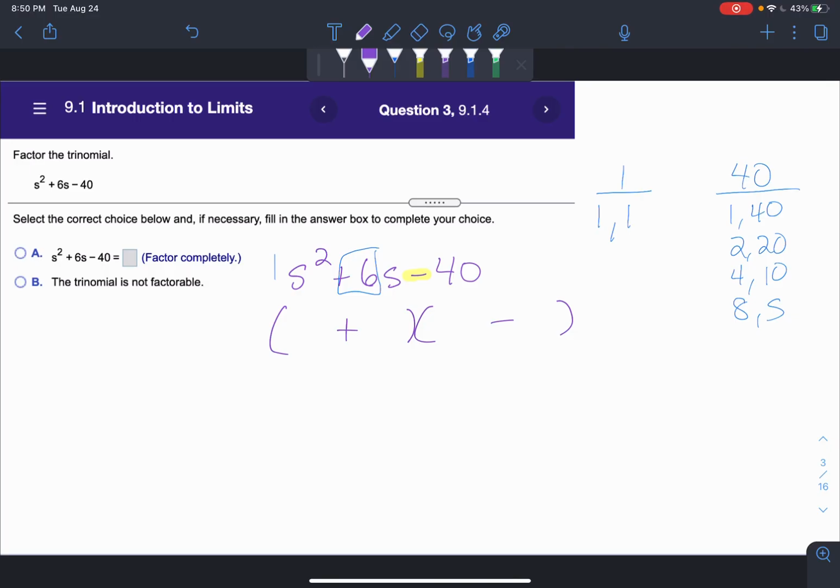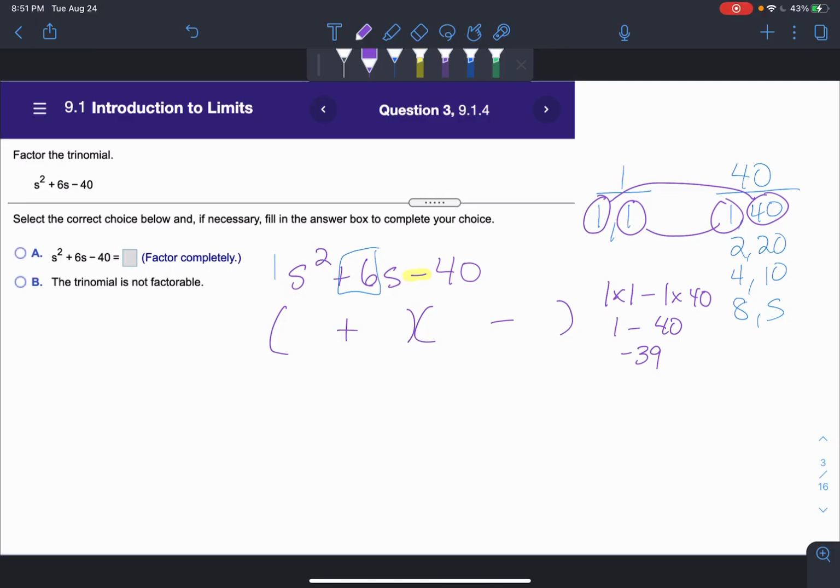Here I'm going to start with my 1 and 1. If I multiply them, 1 times 1, and then subtract 1 times 40, I get 1 minus 40, which is minus 39.